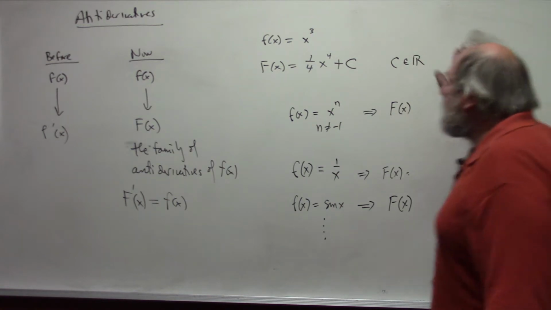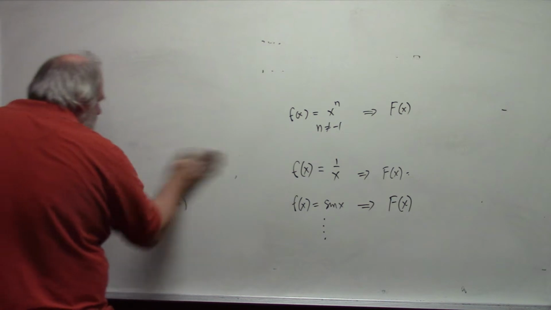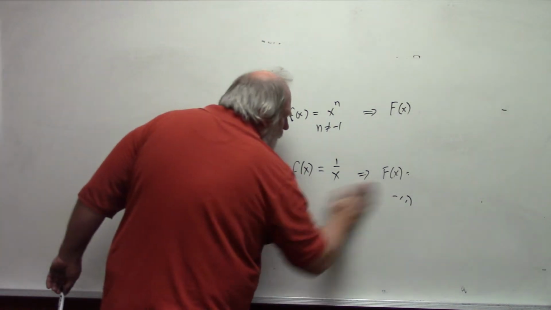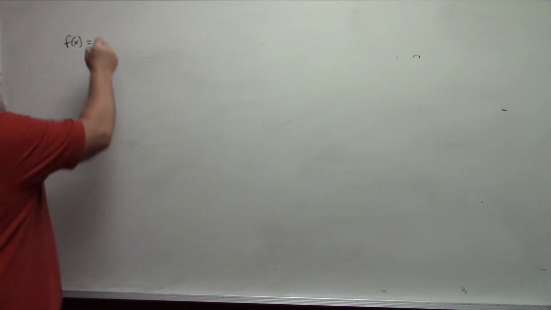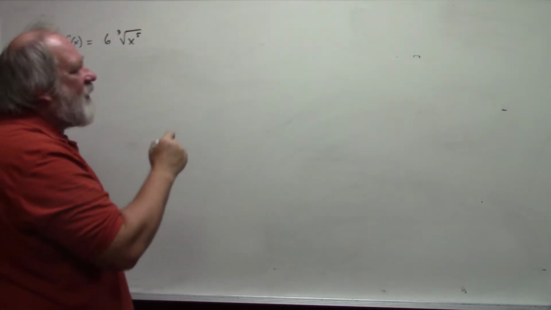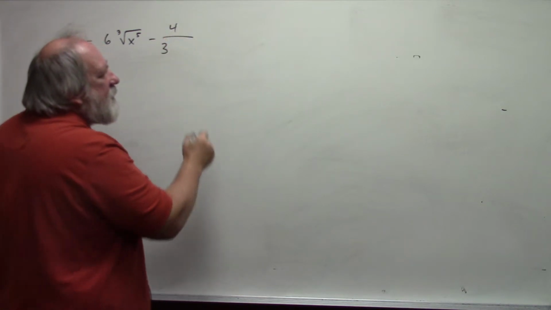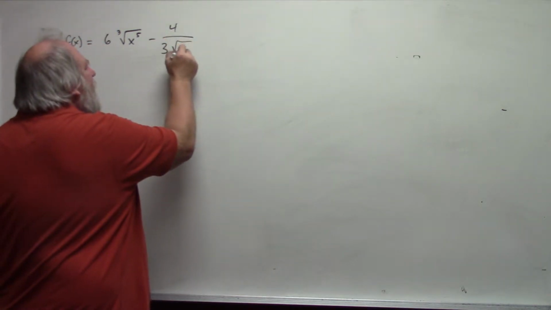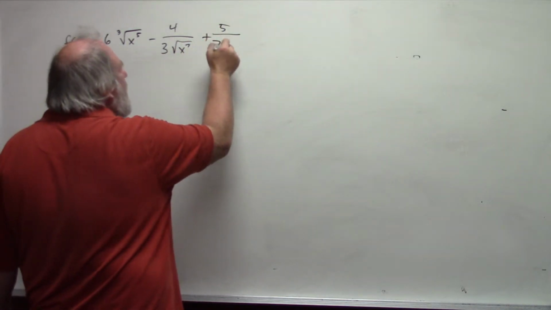So let's look at some basic antiderivatives of these basic functions that we've had. For example, if I have f of x is equal to 6 cube roots of x to the 5th minus 4 over 3 square roots of x to the 7th plus 5 over 7x.